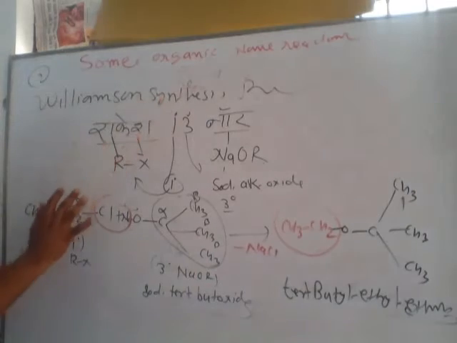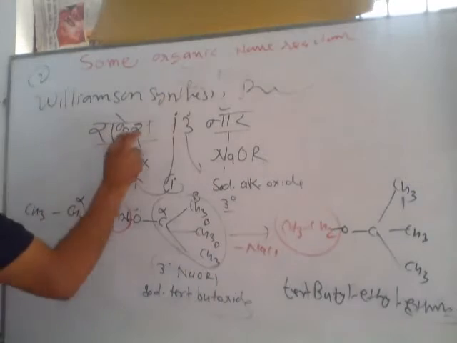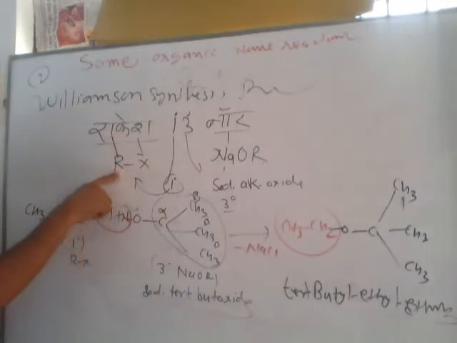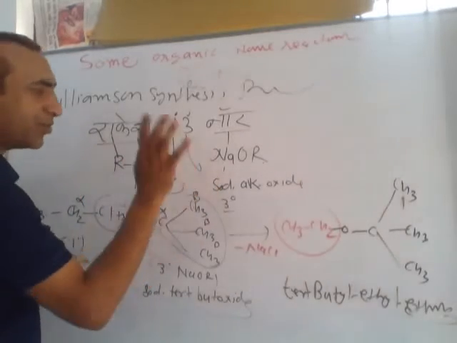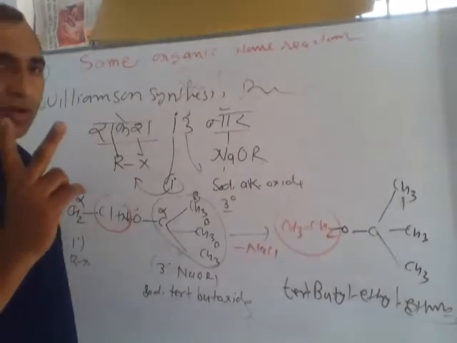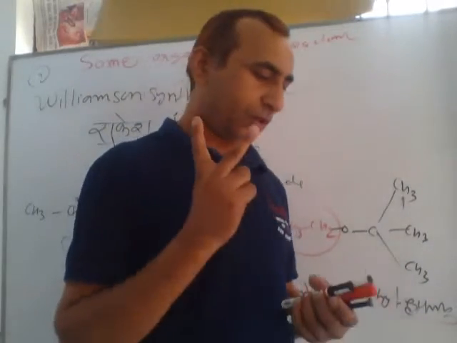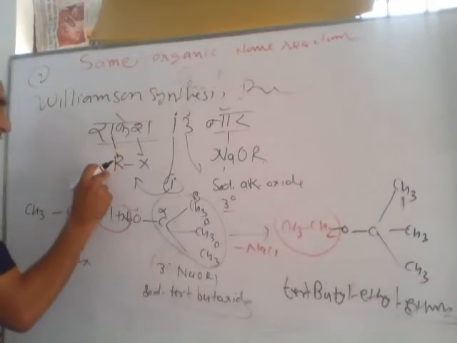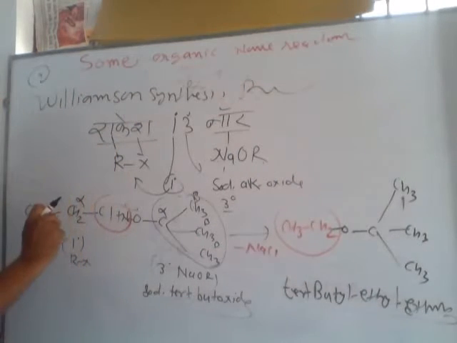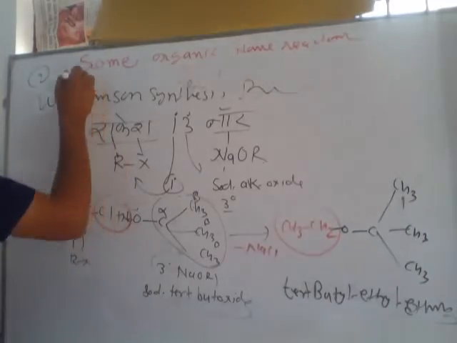In Williamson synthesis, I am writing here R-X and NaOR: the alkyl halide should be primary, and the sodium alkoxide can be secondary. There are two conditions. Condition number one: if you are using Ar, meaning aromatic, here, do you know what aromatic means?